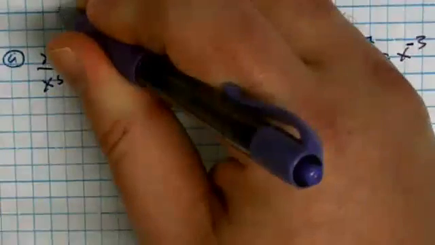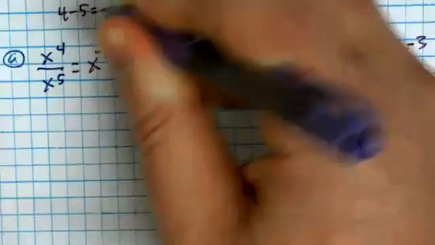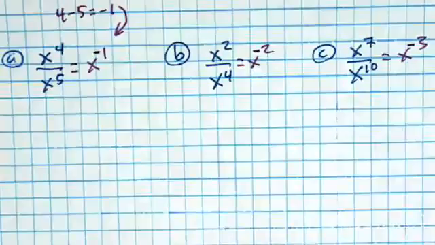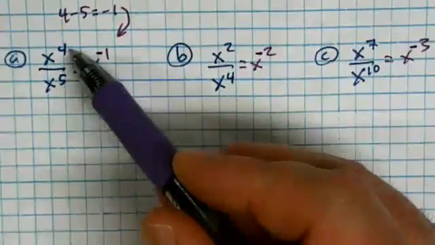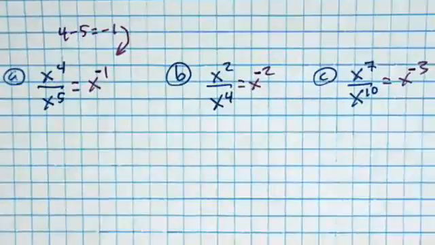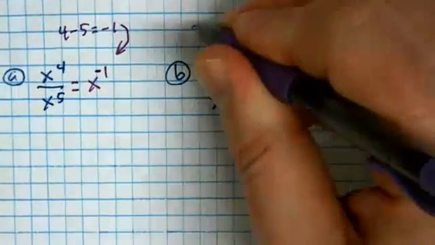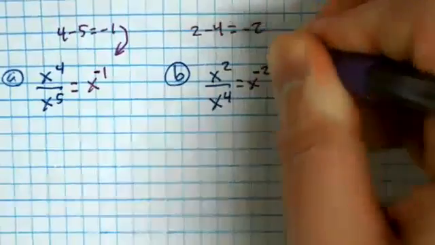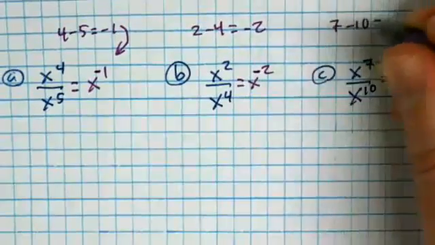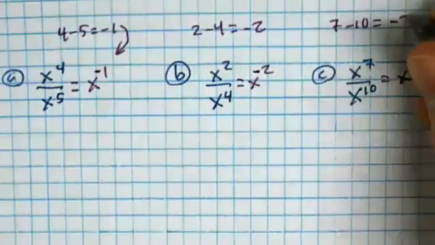So 4 minus 5 is -1, and that's why it's a -1 instead of a +1. If you had a +1, you were thinking 5 minus 4. You were just going backwards when you did your subtraction. Same thing here. Always the top minus the bottom. 2 minus 4 is -2. That's why it's a -2. 7 minus 10 is -3.